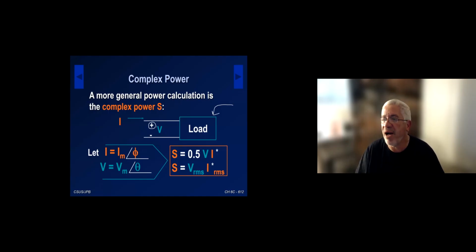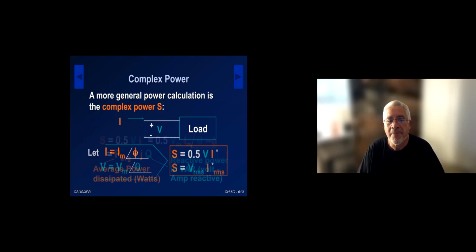We're going to define the complex power as 1/2 the phasor voltage multiplied by the conjugate of the phasor current. You may not remember, but we find the conjugate of a complex number by changing the sign of the imaginary part, the sign of the j, or by changing the sign of the angle.